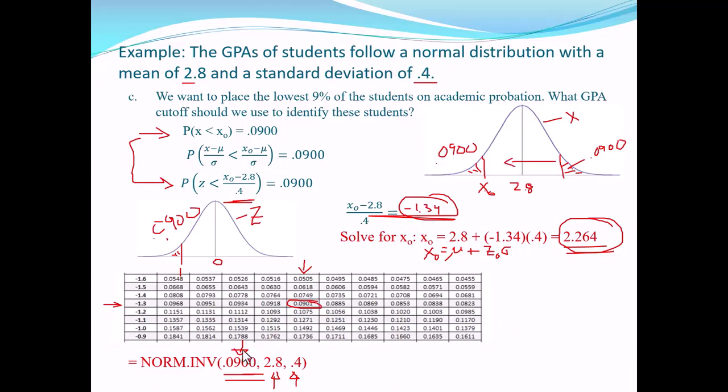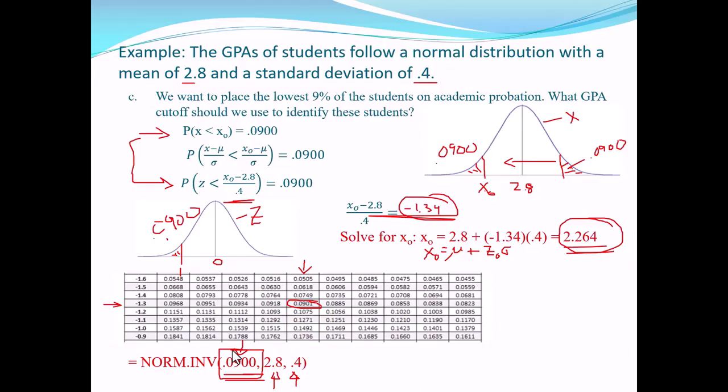I would actually put 0.91. I would give the lower probability. You always have to work this normal inverse function in terms of the cumulative probability. So it is something to consider. But the NORM.DIST function is the best way to solve normal probability problems. The NORM.INV function is the best way to find points in the distribution given probabilities.